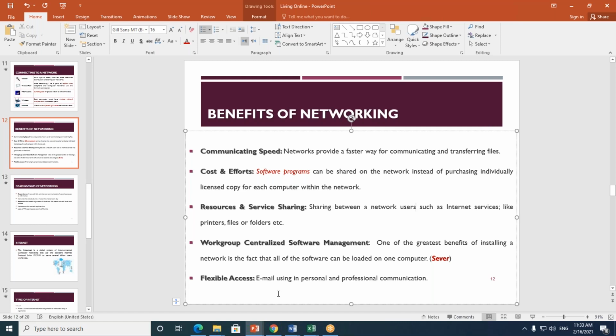Okay, flexible access, of course, yes, flexible access. Now from your home, from your place, you can access our UOB email as simply as can be, very easily. So flexible access means flexibility in reaching internet services or network services, such as email, used in personal and professional communication.